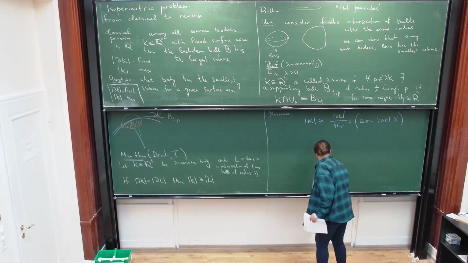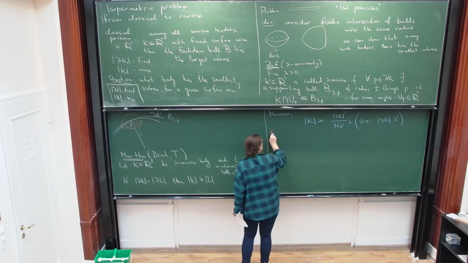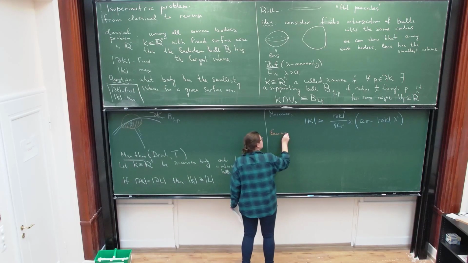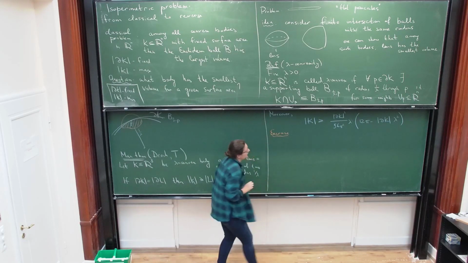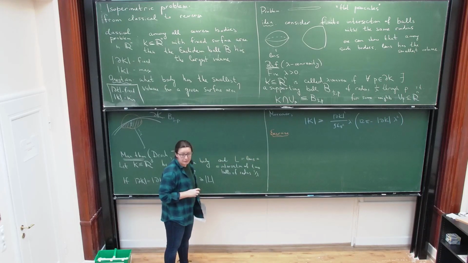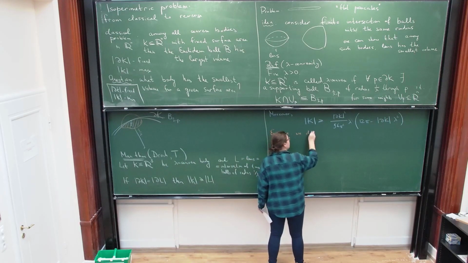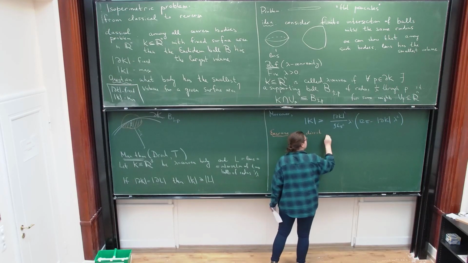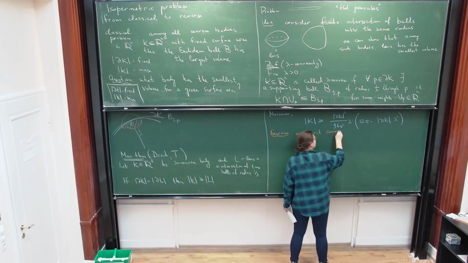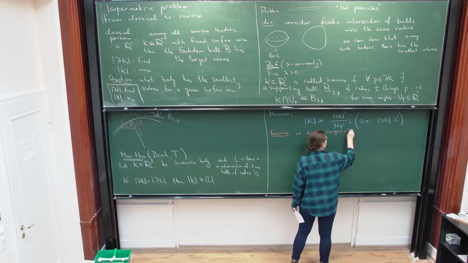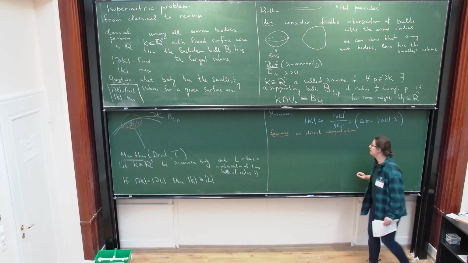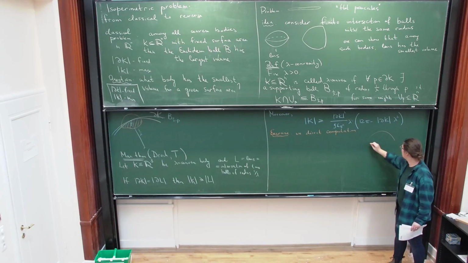This is a not difficult exercise: one can compute directly the surface area and the volume for the lens. If I consider the lens, these are my two spherical caps.